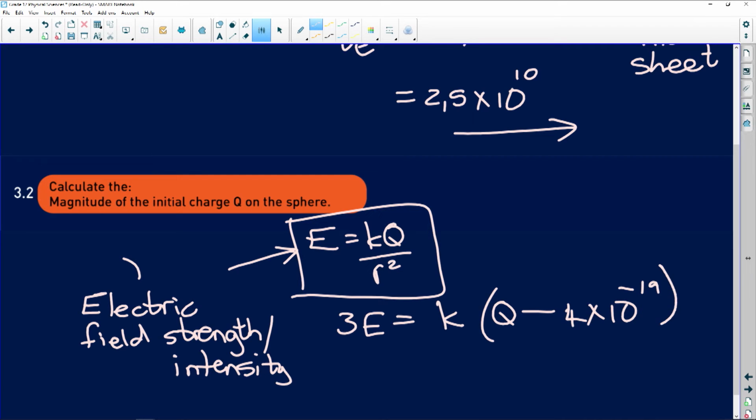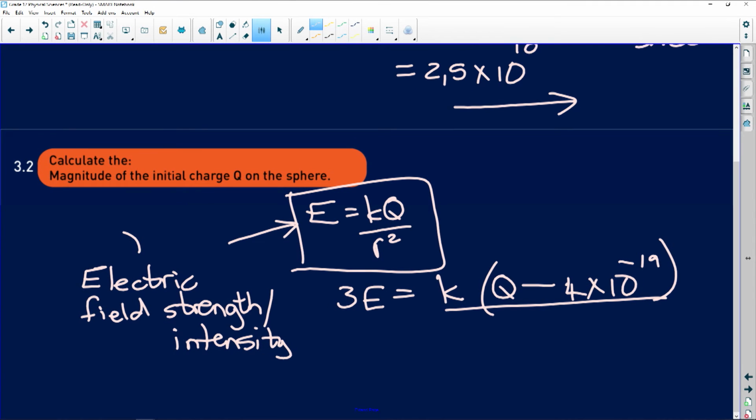So that was the new charge. And that new charge was experiencing an electric field of 3E. Over the distance they gave us as 5 centimeters, so change that to meters. So how do we change from centimeters to meters? We got to divide by 100. So it's going to be 0,05 squared. All right, so there's our first equation.